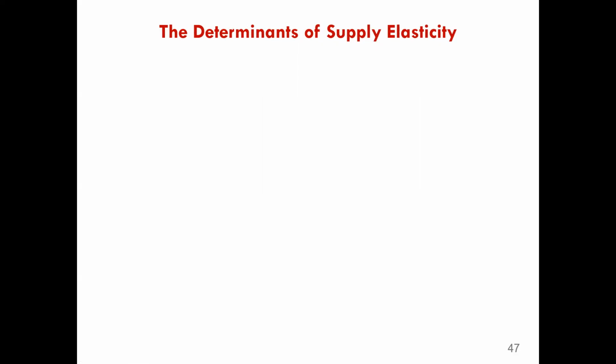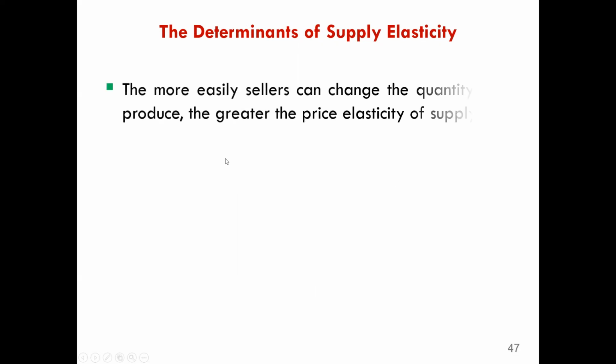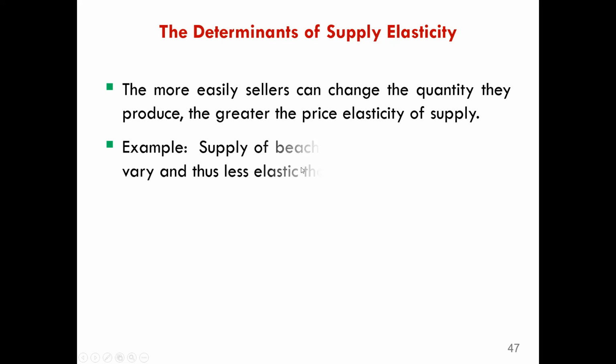Now, just as we got to know the determinants of demand elasticity, we'd also want to know what the determinants of supply elasticity are. So we know that the more easily sellers can change the quantity they produce, the greater the price elasticity of supply.